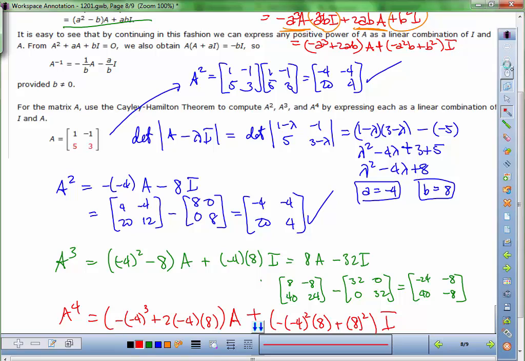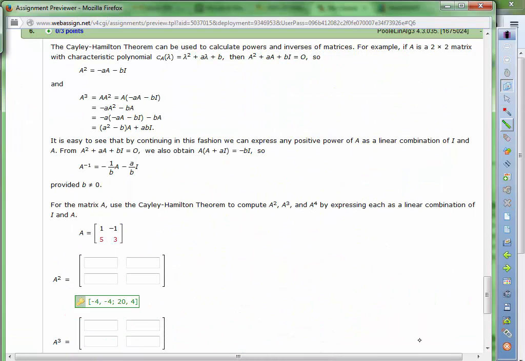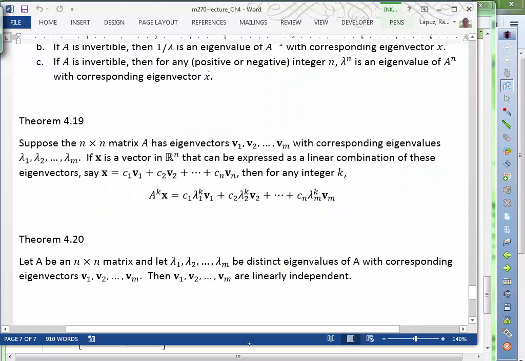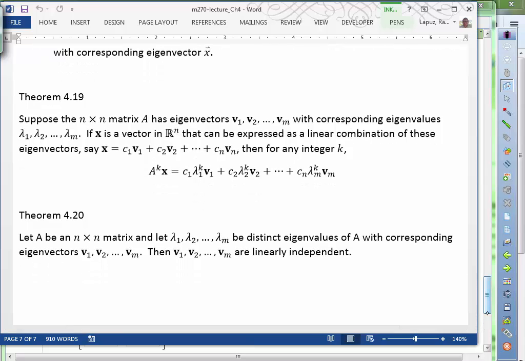All right, just one last bit of information to close off this section. The last theorem here says that if you have eigenvectors, all of your eigenvectors along with distinct eigenvalues are linearly independent.